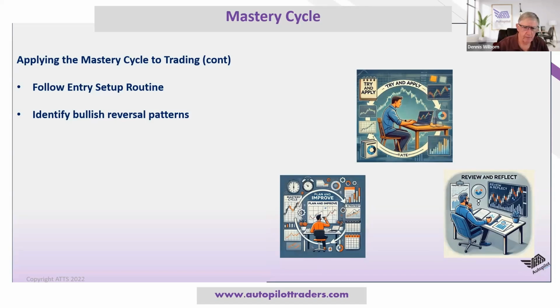These are things you can do to keep the things you want to master down to a manageable number. I already talked about memorizing the setups and identifying the bullish reversal patterns. And then what are the triggers for both entry and exit?